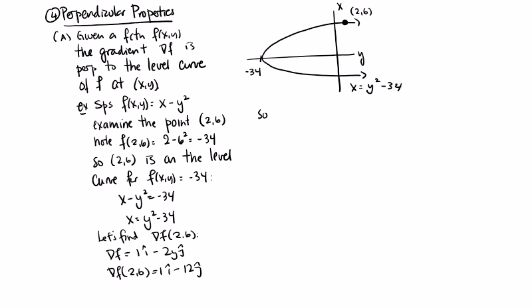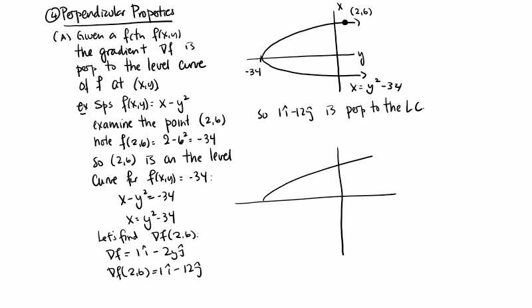So what that tells us is that 1i minus 12j is perpendicular to the level curve. Now, we draw one more picture of this level curve. At this point, if we draw that vector, it goes 1 unit over and 12 units down, about like that. Notice that is perpendicular.